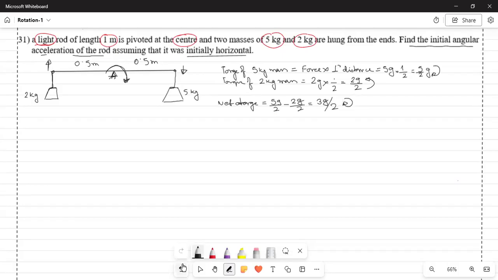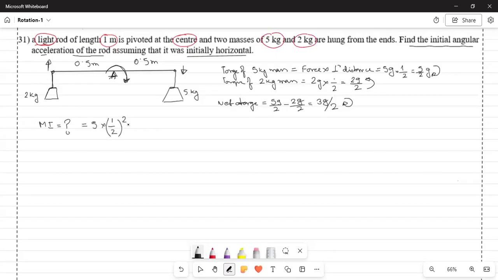Now we also have to find out the moment of inertia of the system. What is the moment of inertia? Now, this is a very light rod, so we don't have to consider the mass of the rod. So we just have two masses, 2 kg and 5 kg. Both are 0.5 meter away from the center. So moment of inertia is equal to 5 kg multiplied by half square.